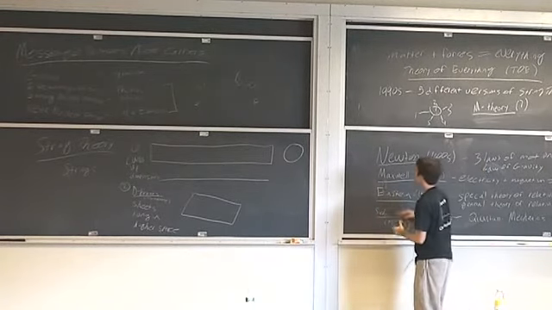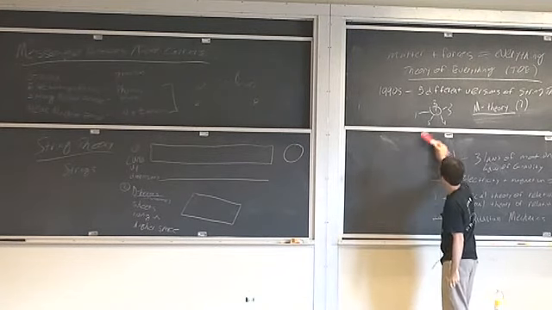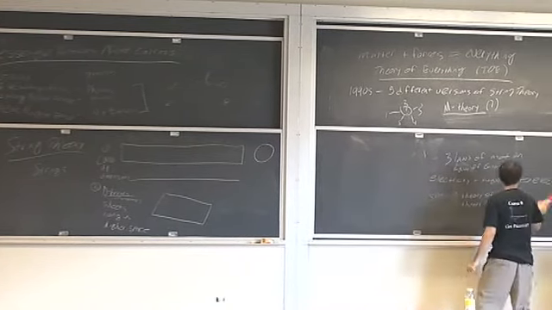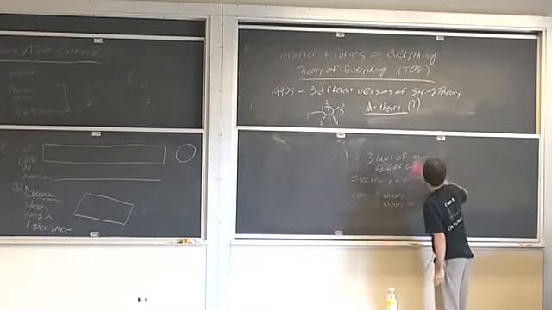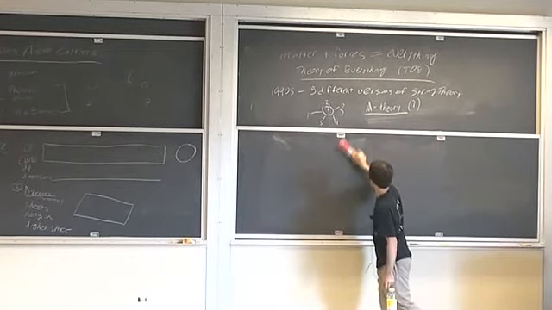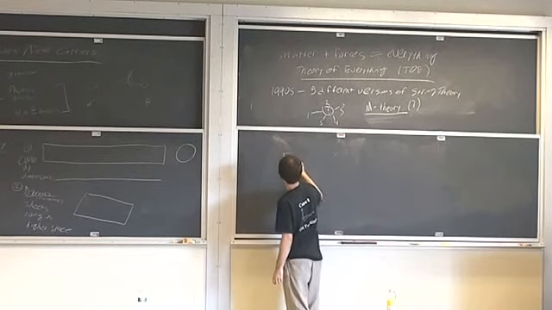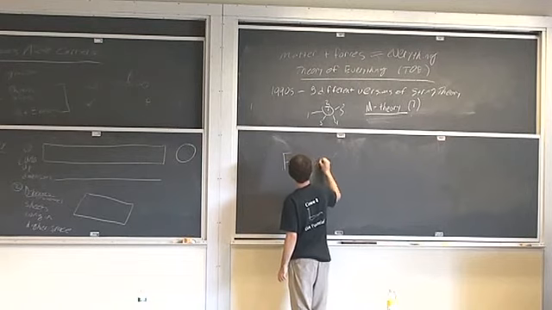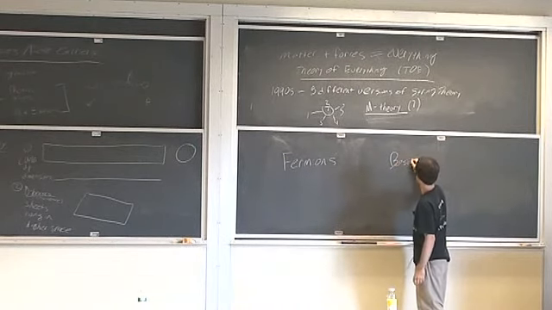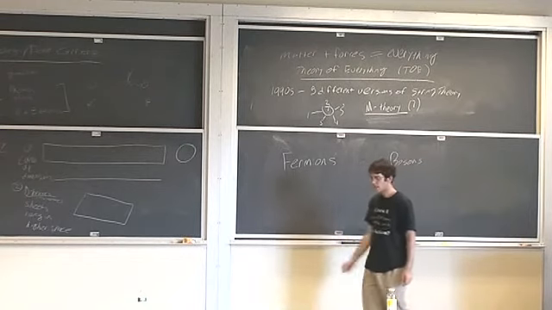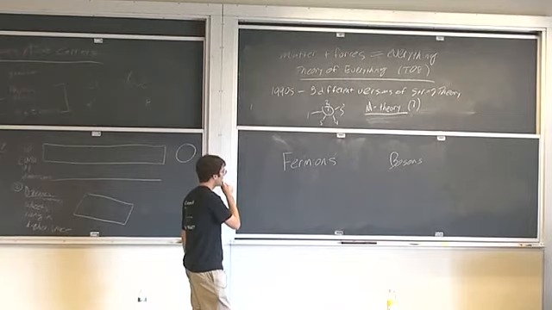String theory is called a supersymmetric theory because it has the symmetry called supersymmetry. There are two kinds of particles: fermions and bosons. Every particle in nature can be classified as being a fermion or a boson.